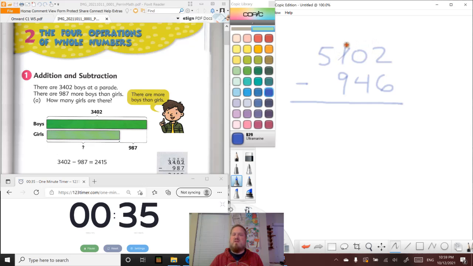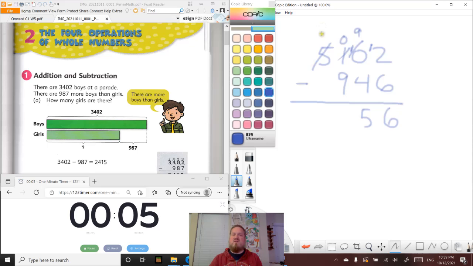So we're going to cross this out and make it 0, and then we're going to have 10 tens, turn 100 into 10 tens. Now we can cross out our 10 tens, make it a 9, and take one of our tens and turn it into 10 ones. Now we've got 12. 12 minus 6 is 6. 9 minus 4 is 5. 0 minus 9, oops, that doesn't work.